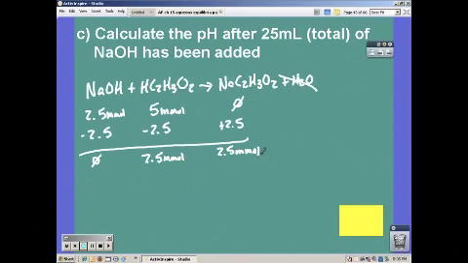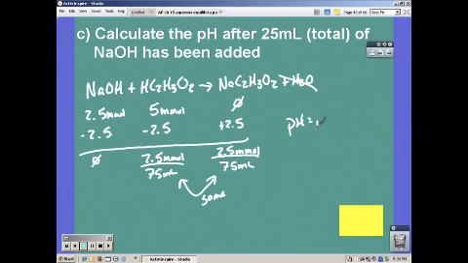Notice that our NaOH amount is half of our acetic acid. So we're halfway to the equivalence point. When that occurs, we have equal concentrations of acid and base. They're the same. Remember that according to our equation, pH equals pKa plus log of base over acid. When they're the same, log of 1 is 0, so pH equals pKa when you're halfway to equivalence.